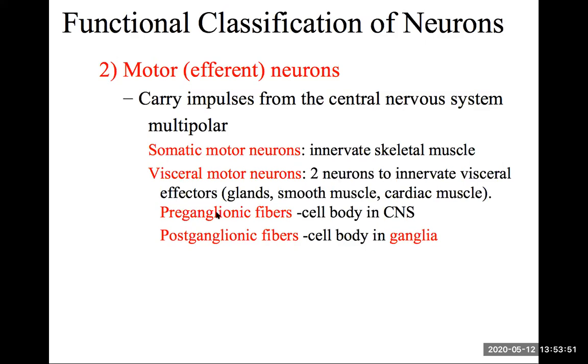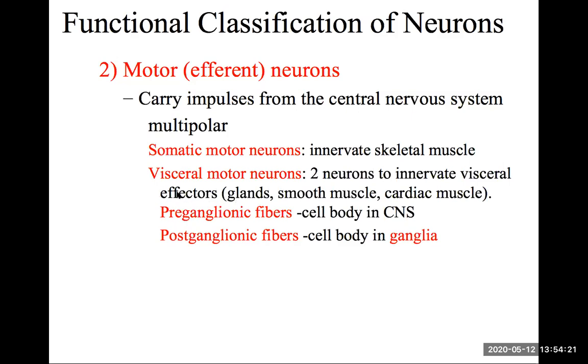Now what's a little different here is the visceral motor neuron. And the visceral motor neuron is where we're going to find our ganglia. Remember, the ganglia are the swellings that are found along peripheral nerves. So how does this work? With visceral motor neurons, you have a series of two neurons that carry impulses from the central nervous system to whatever they're going to stimulate. And where they end up is called the effector.